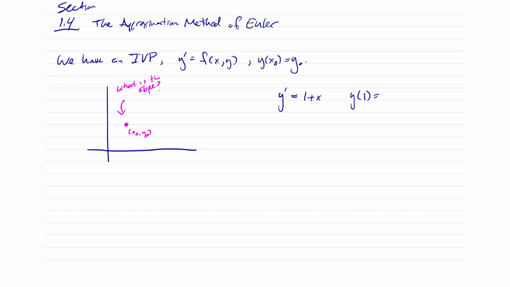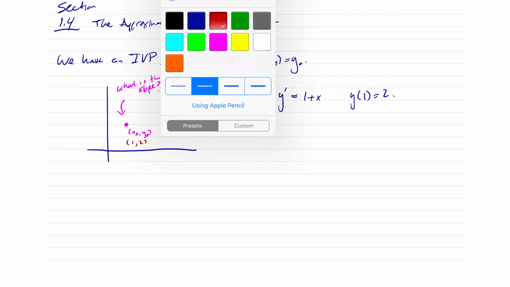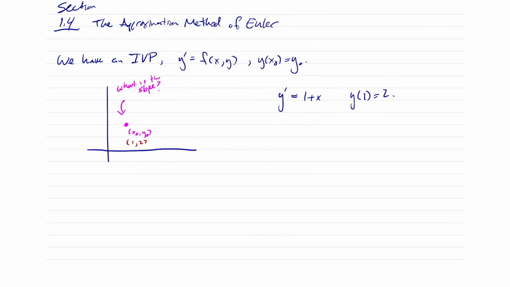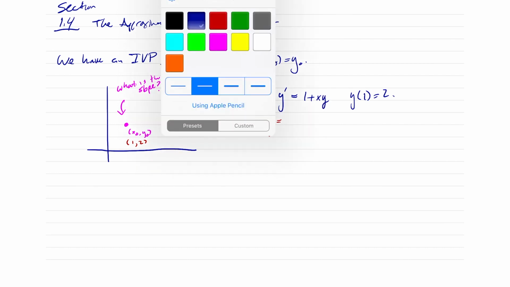That seems to match the graph a little bit better. Okay, so what is the slope going to be? So if this is the point that's actually 1 comma 2, like what we're saying with this initial value, well, we can go ahead and compute what the slope should be. So y prime, oh, and let's make this maybe a little more interesting. Let's involve y. All right, there we go.